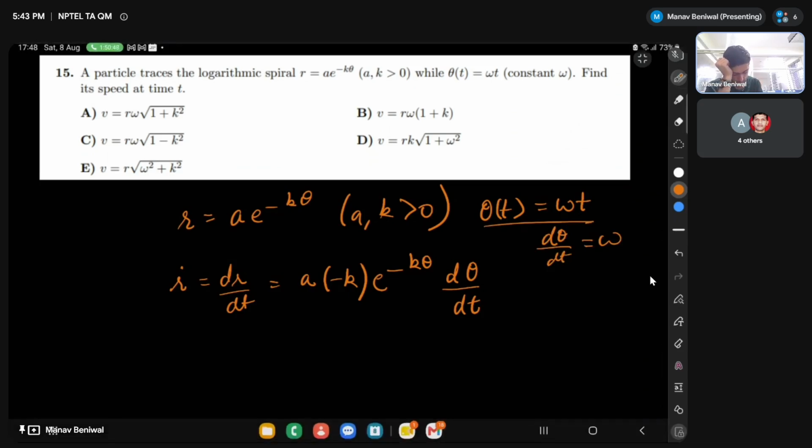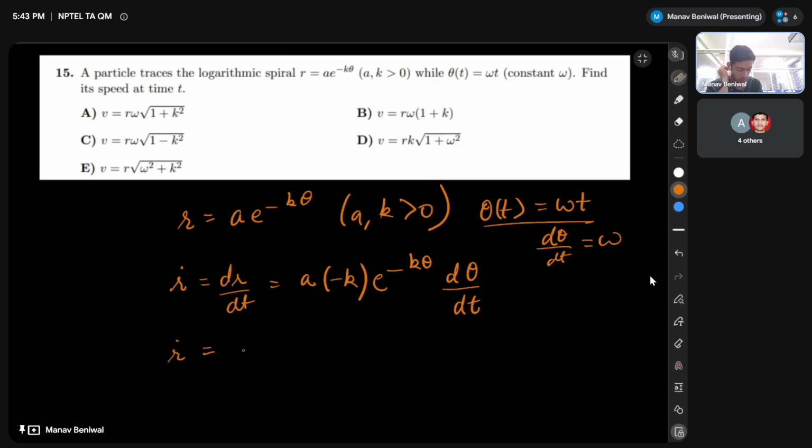So my r dot I can write as a times minus k omega e to the power minus k theta, where theta is omega t. And then this a e to the minus k theta, I know is simply r.